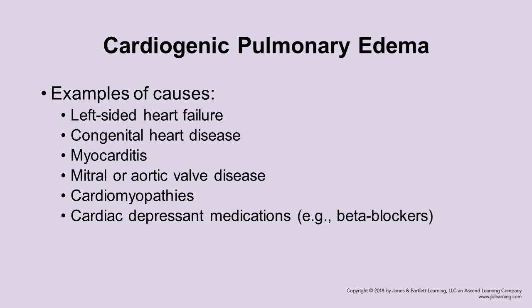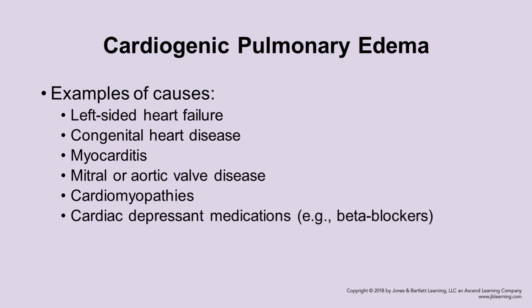The second flavor of pulmonary edema to discuss is known as cardiogenic pulmonary edema. And so cardiogenic pulmonary edema essentially means that you have extra fluid in the lungs because the left side of the heart, which typically pumps fluid out of the lungs and transmits it to the body, is not functioning properly. And so this can happen for multiple different reasons.